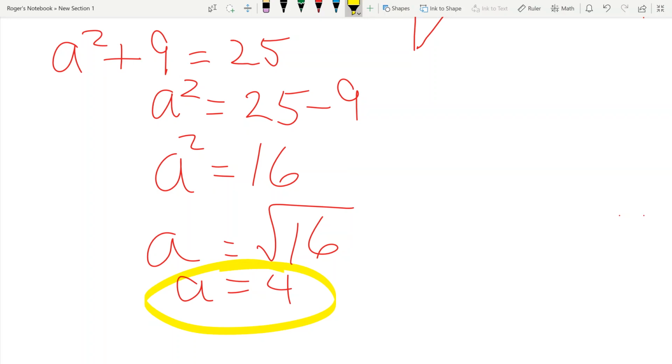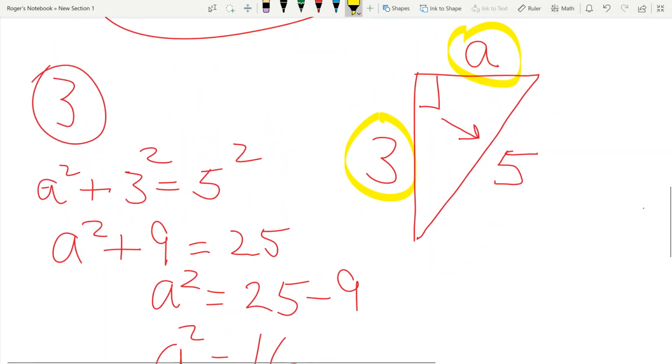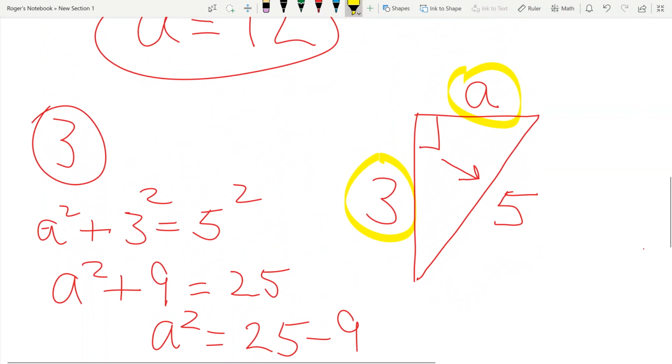If I scroll back up here and label this, it's equal to 4. Notice this Pythagorean triple, 3, 4, 5. This is a 3, 4, 5 right triangle. It's a convenient one because all three of the sides are integers. It works perfectly. 3 squared plus 4 squared is equal to 5 squared.